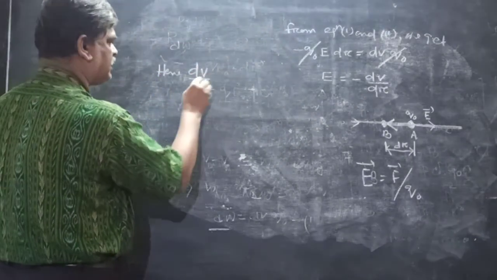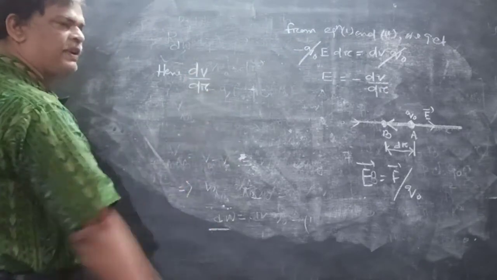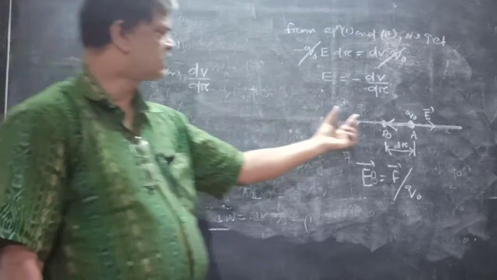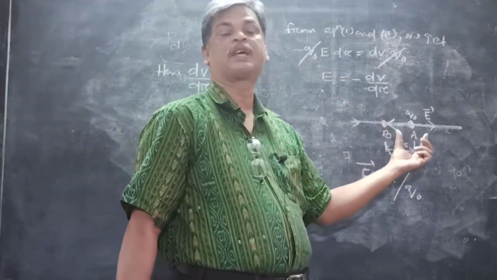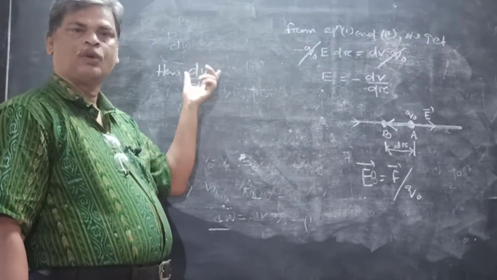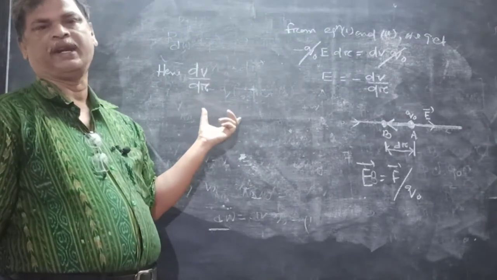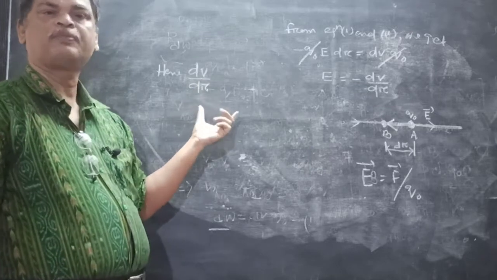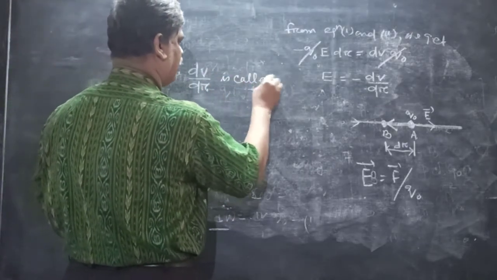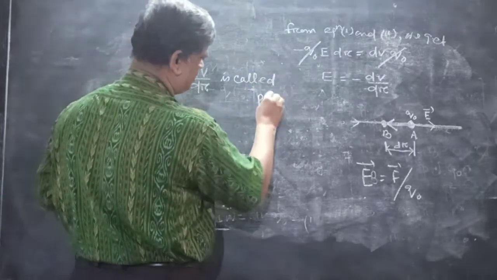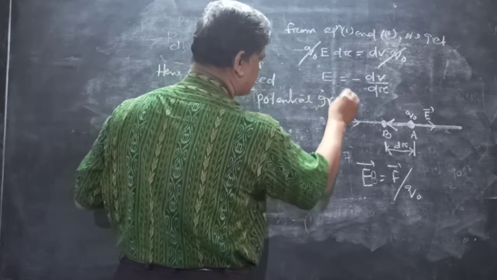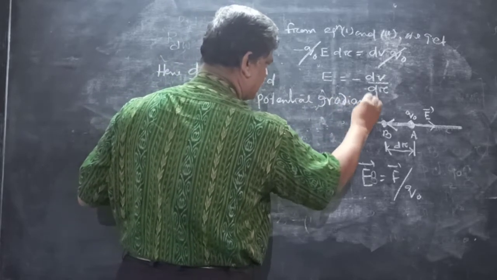Here dV by dr is the potential difference with respect to the distance between A and B. This is known as the gradient. The change in a function with respect to distance is known as the gradient, so dV by dr is known as the potential gradient. It is the change in potential with respect to distance.